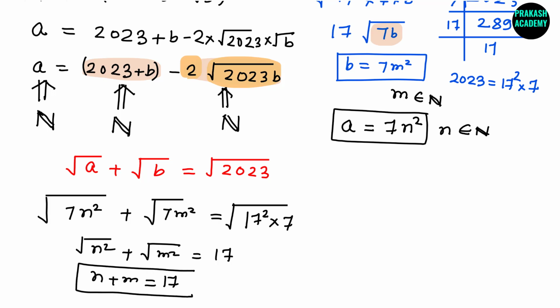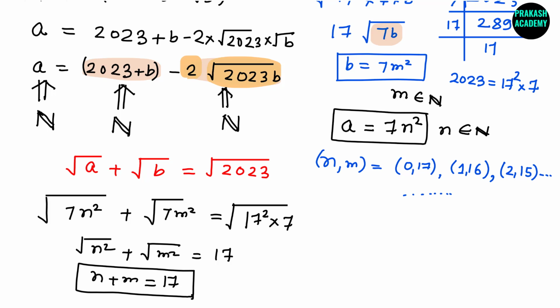Now we have a very important conclusion. n plus m is equal to 17. So how many solutions are possible in this case, where n and m belong to natural numbers? So now I can say what are the two numbers whose sum is 17 and belong to natural numbers. So the solution for n and m will be: n can be 0, then m can be 17. n can be 1, then m can be 16. n can be 2, in that case m can be 15, and this goes on.